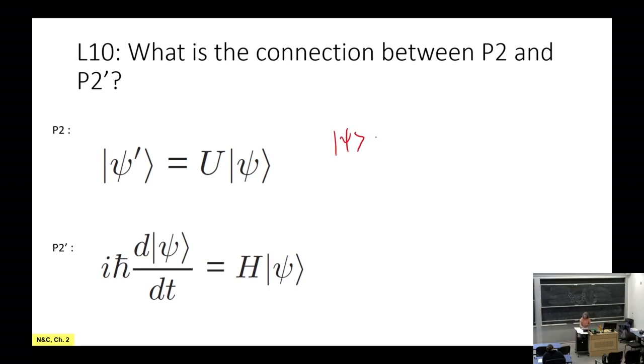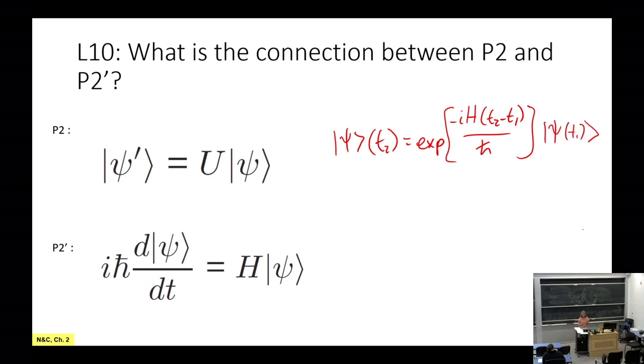So we'll say that psi of t2 equals exponent minus i H (t2 minus t1) divided by h bar times psi of t1. And so I can re-express this as U(t1, t2) times psi of t1. And here we just define U(t1, t2) equal to that exponential thing on the top. And so then that kind of makes them the same.